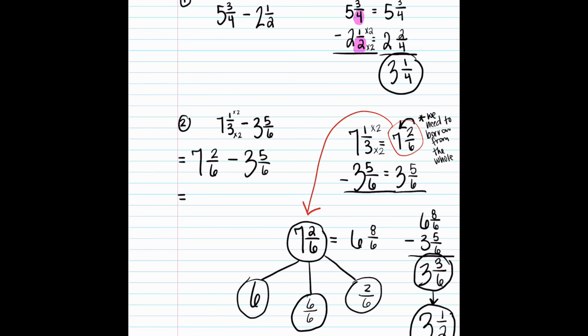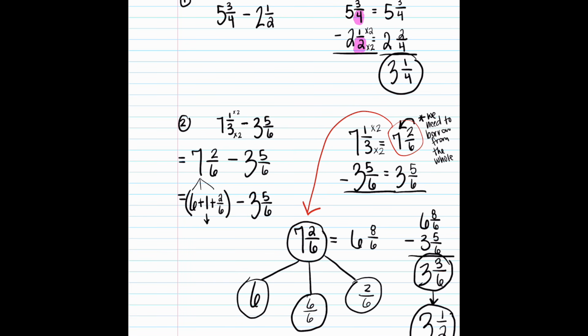So I'm going to break this down into basically 6 plus 1 plus 2/6. Okay? So this number is basically this number right here. It's the same thing, just different form. Okay? Now, I'm going to put some parentheses around that, because I still want to know that I am taking that 3 5/6 away, but I've got to do all this other stuff first.